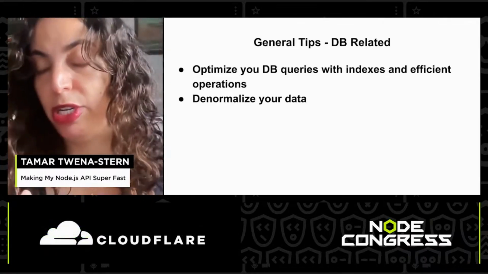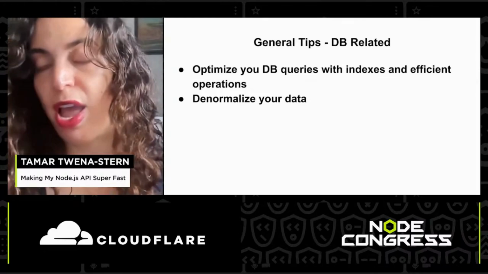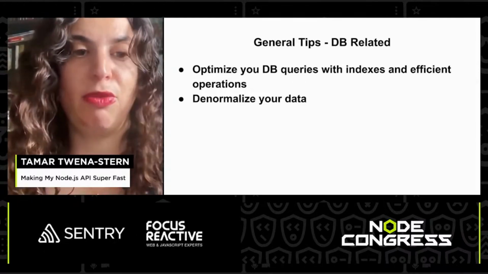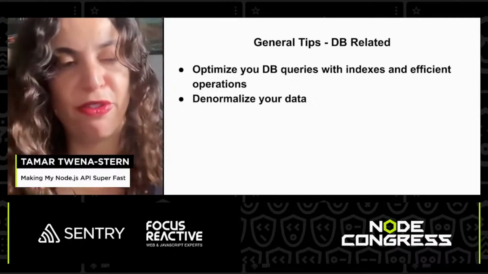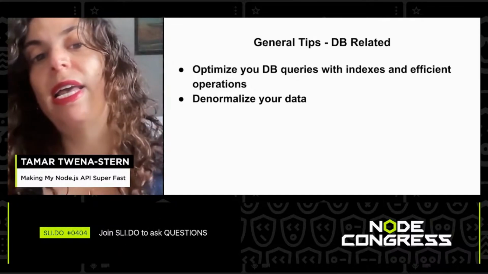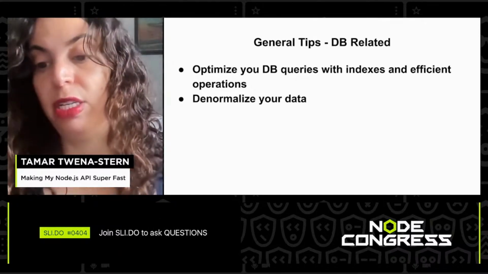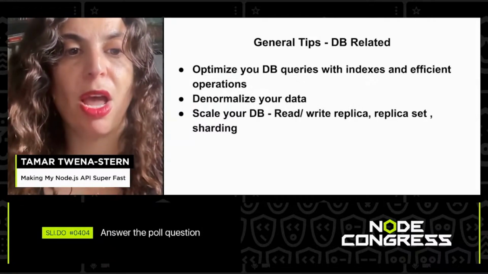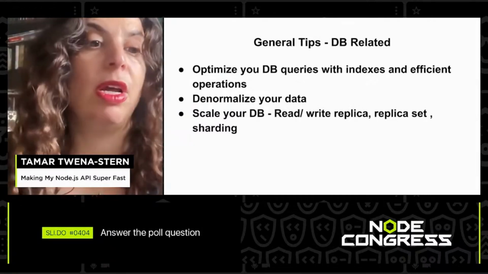Then you need to denormalize your data. What does it mean? If you have a table of 50 columns and you only need 3, don't fetch the entire 50. Fetch only what you need, and save the data in a way which is efficient. Don't save inefficient things.